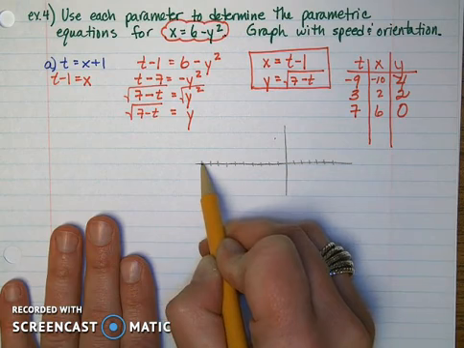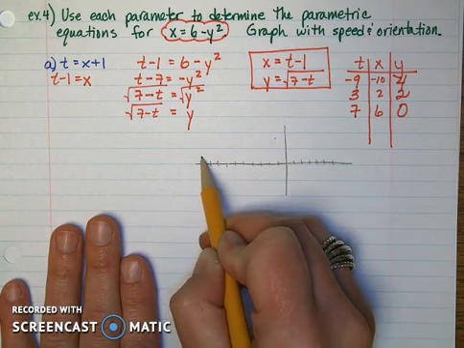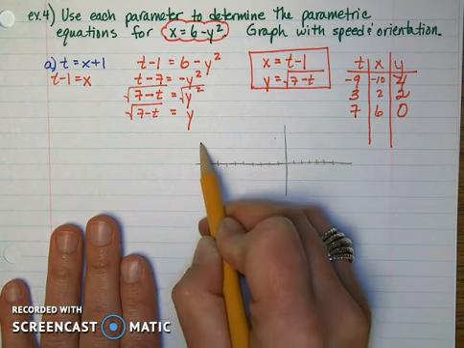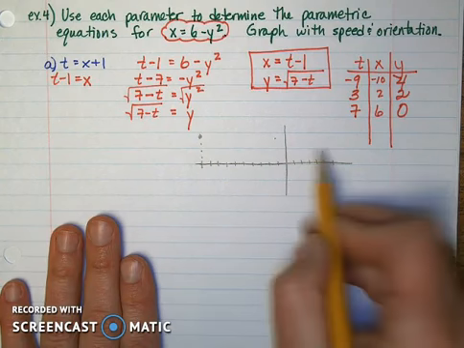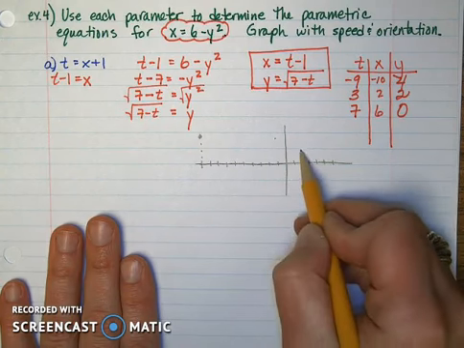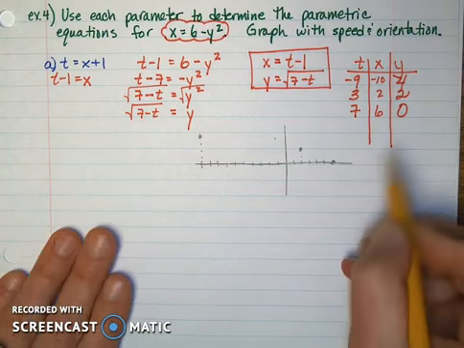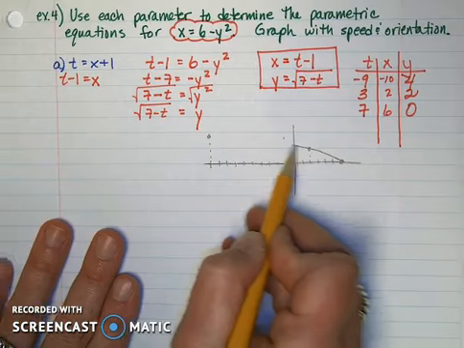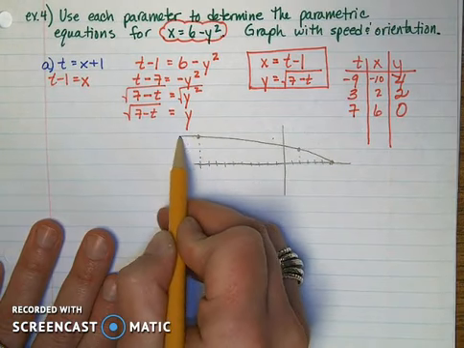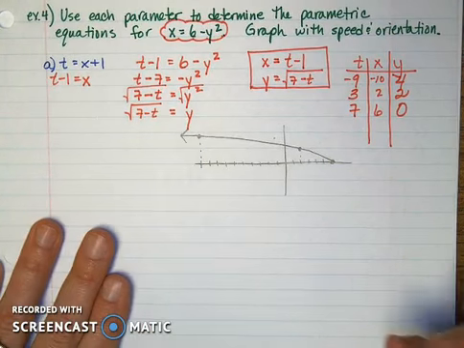All right, so at negative 10, I'm up at 4. 1, 2, 3, 4, then 2, 2, and 6, 0. Okay, but pay attention.